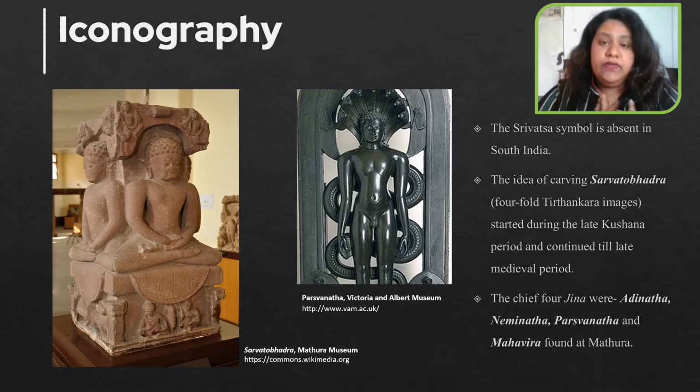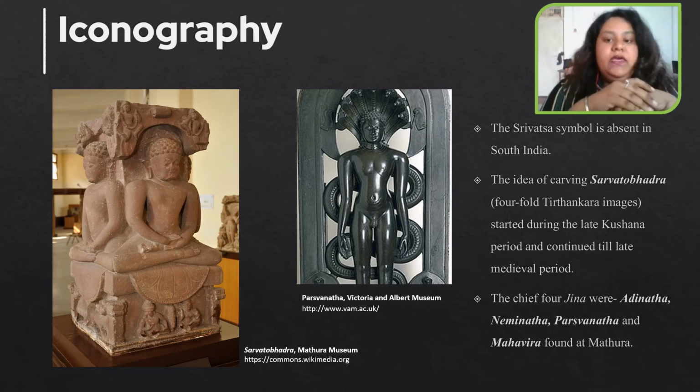When you view a Sarvatobhadra image from Mathura Museum, you will see that the four important jinas are seated back to back: Adinath, Neminath, Parsvanatha, and Mahavira. There is a canopy above their heads, and they are seated on asanas or a certain type of mat. Below them there are ganas, or small deities, supporting this position.